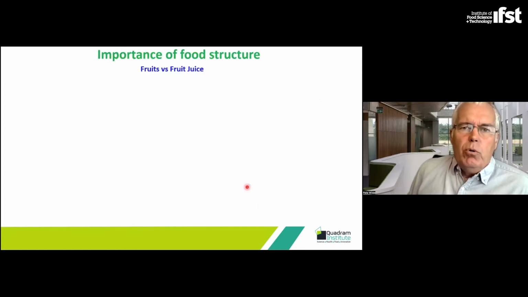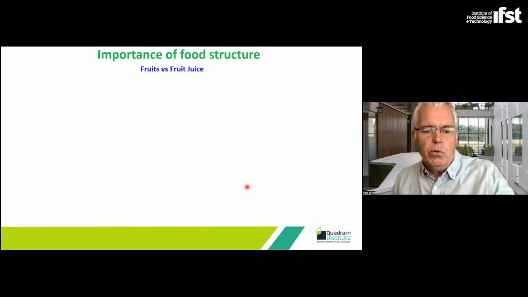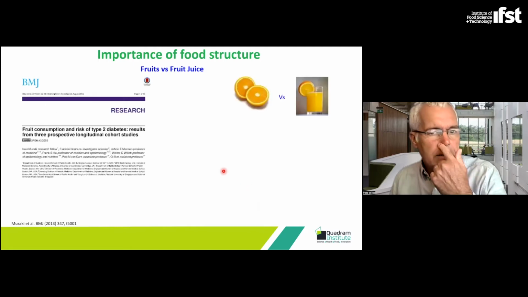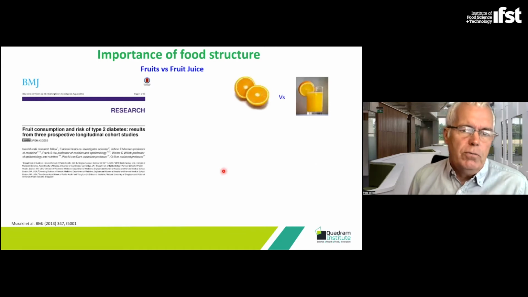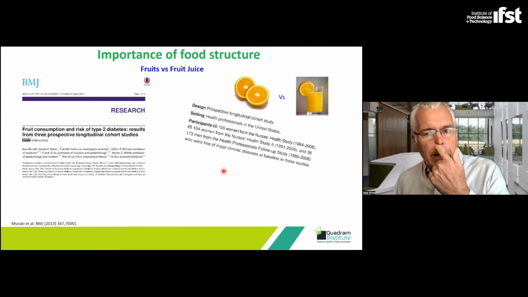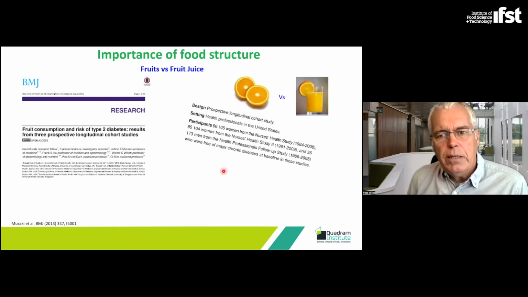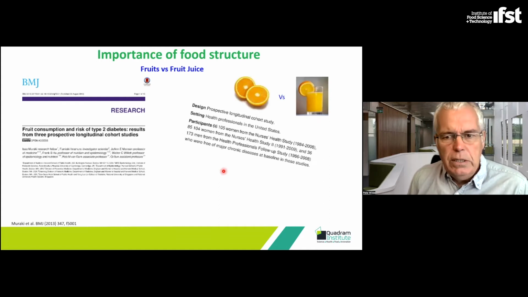So in terms of the importance of food structure on our health, there are quite a few examples of these, but the one I'd like to give is this one, which compares fruit and fruit juice. There's been a whole load of studies published coming out of the healthcare workers longitudinal cohort study in the States, where around 200,000 healthcare workers from the US from 3 different cohorts have been followed up for about 20 years.